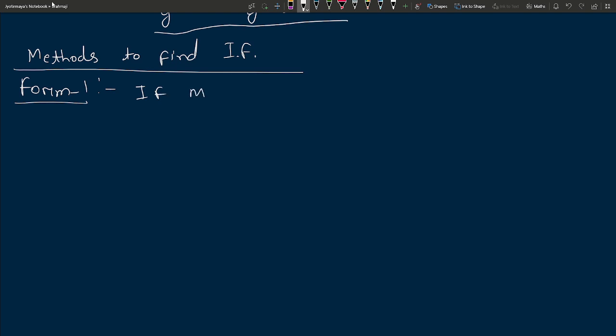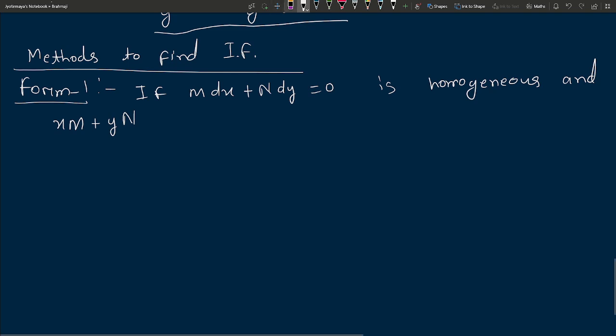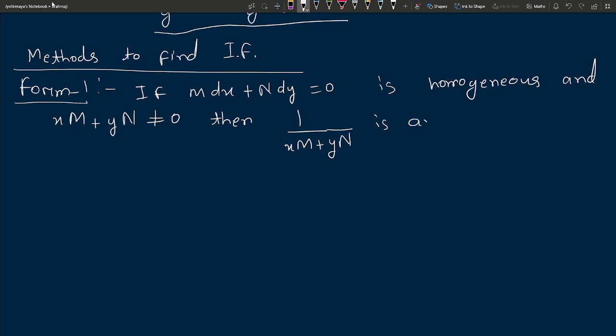If M dx plus N dy is equal to 0 is homogeneous, and M multiplied with x plus N multiplied with y is non-zero, then 1 by (M into x plus N into y) is an integrating factor.